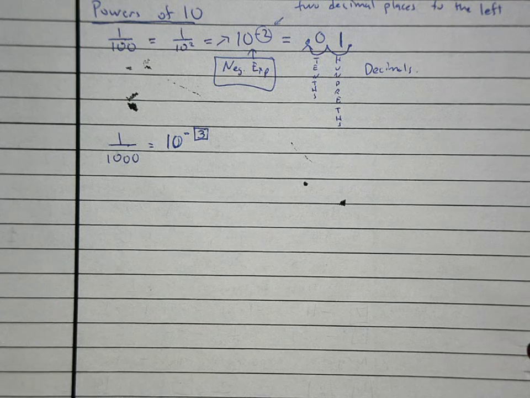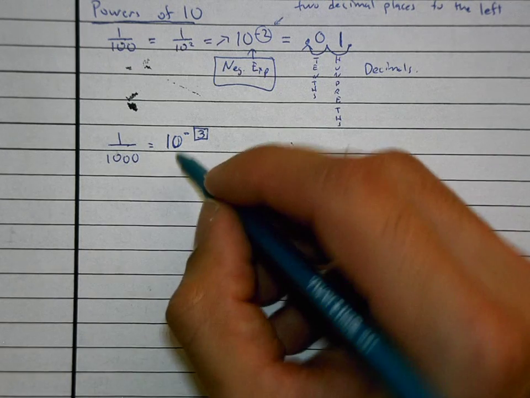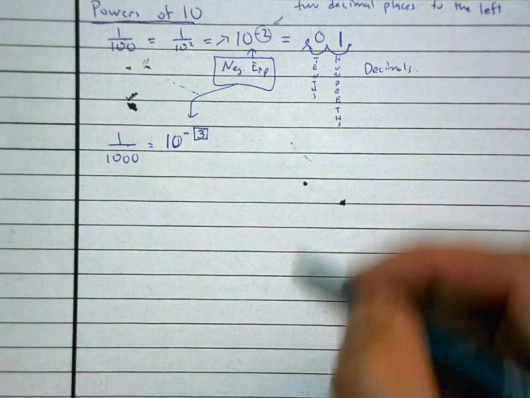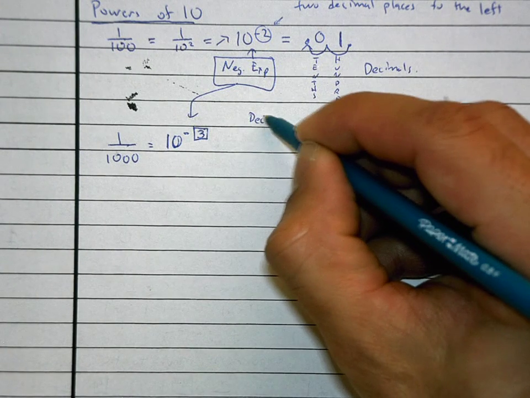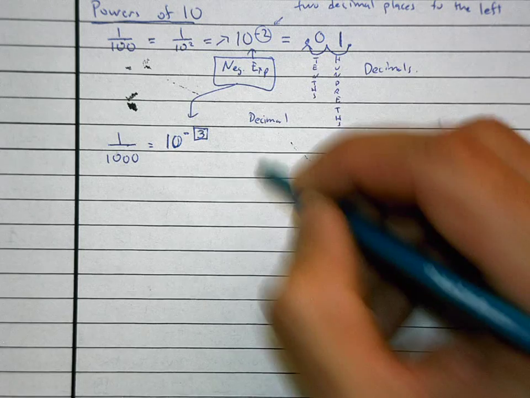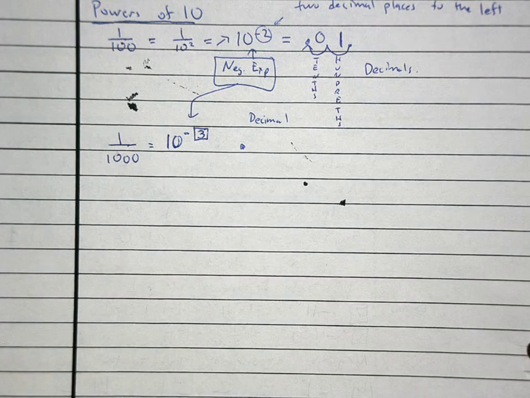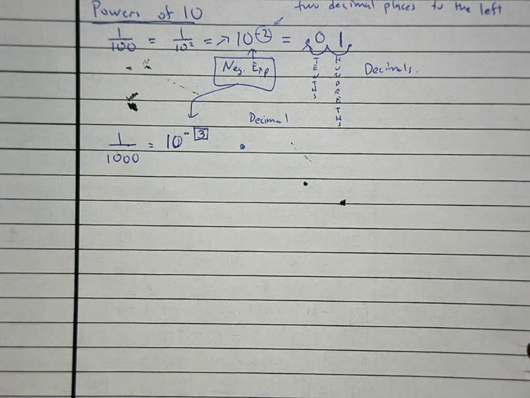That's the right answer. Now, this is how you would write it with a negative exponent. How do you write it in terms of a decimal? If I say write it as a decimal, I hope you know what it is. Point. What do you think it is? Write down what your guess is, and I'll tell you what the answer is in a second.